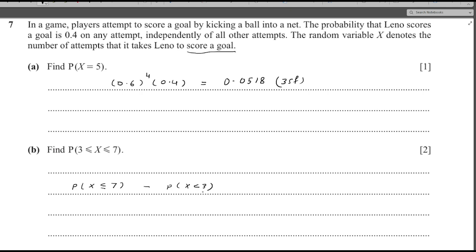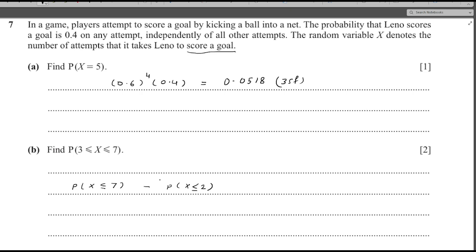Now understand, when I say possibility of x less than or equal to 7, it will include everything below 7. Now I have to find the possibility of x more than or equal to 3. So I will subtract from this the possibility of x less than 3, or better I will say, less than or equal to 2.